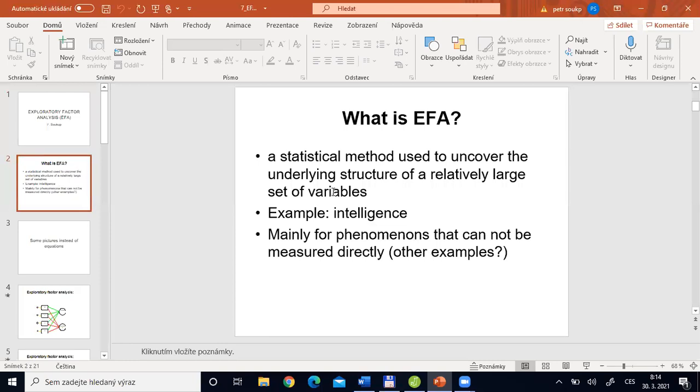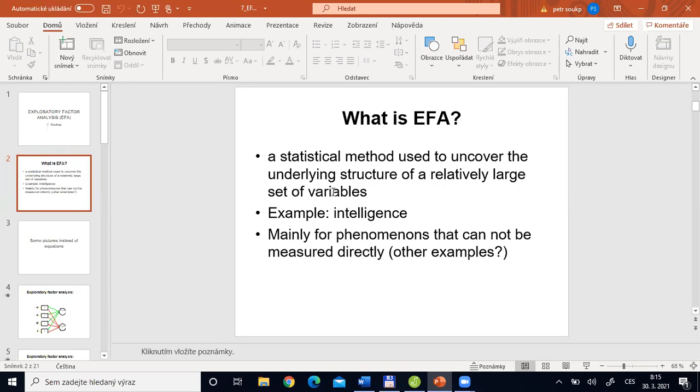The main goal of exploratory factor analysis is to explore data. That's quite easy to guess if it is exploratory. Maybe I do not have any idea what is behind my data, and I am performing exploratory factor analysis to discover something which is behind my data.